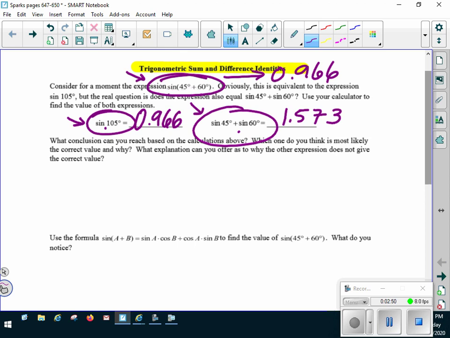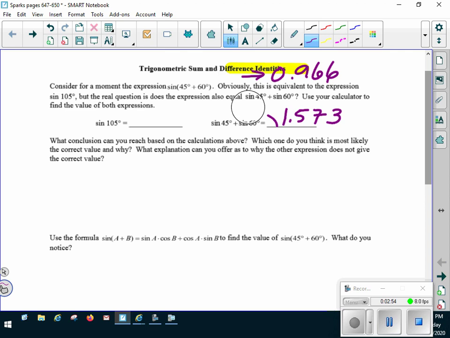So what this tells us is that this is not equal to this. What does that tell us that we cannot do in trig?